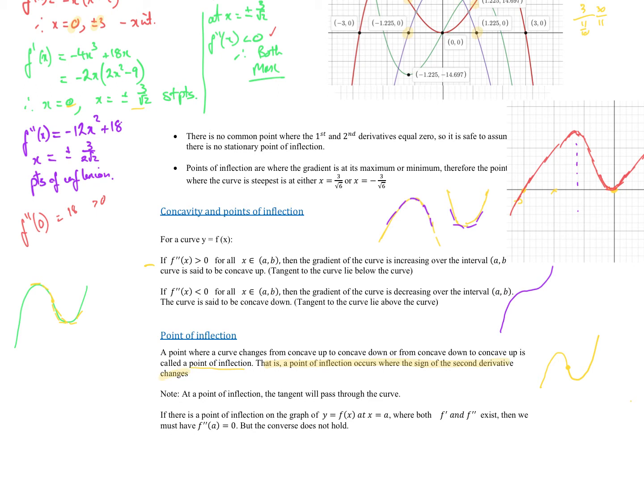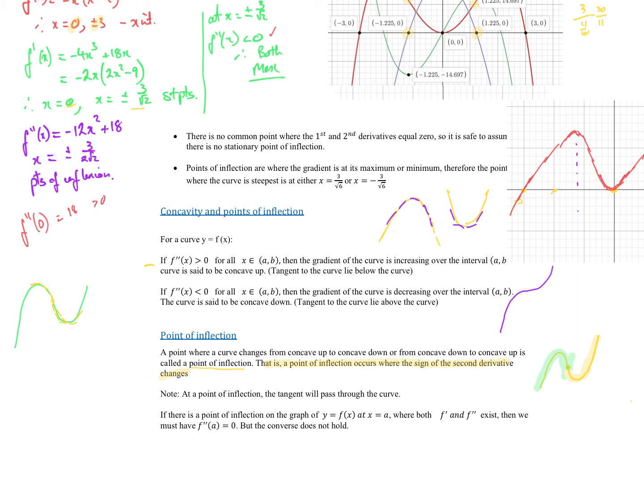So we go from here, the second derivative, it's concave down, so the second derivative is negative there, it's 0 at that point of inflection, and then it becomes concave up, so the second derivative becomes positive here. All right, so I think that's really important.